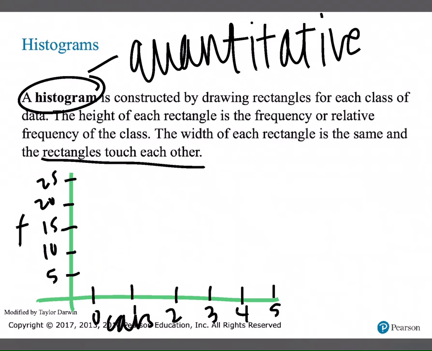And you need to make sure that you're labeling that it's a frequency distribution. For 0, we had 4.